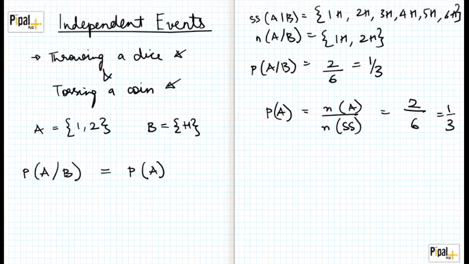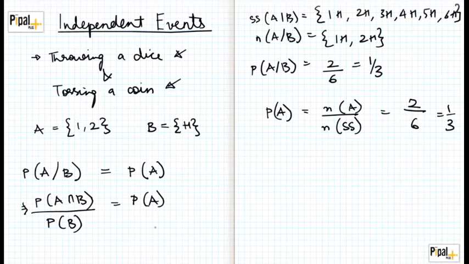Now let's look at this mathematically a little bit more. We have seen that the probability of an event A given that B has already happened is equal to the probability of A and B happening divided by the probability of B, right? Now if this left hand side equals the right hand side, the probability of A, then we can simply say that two events are independent. So now let me just define independent events.